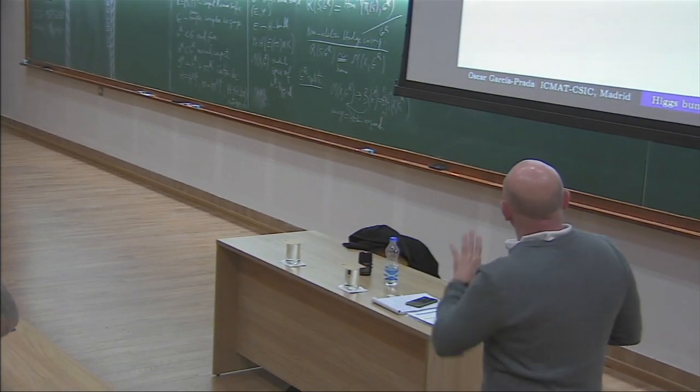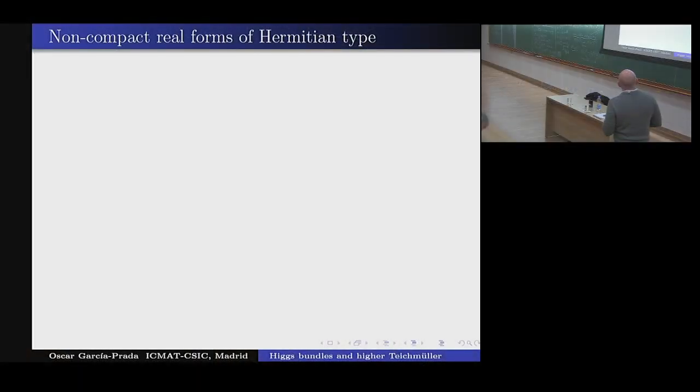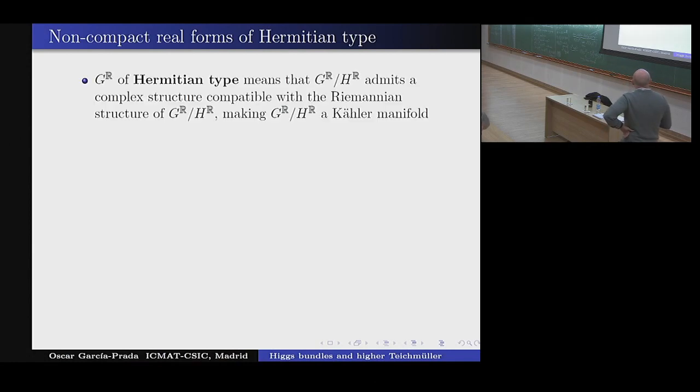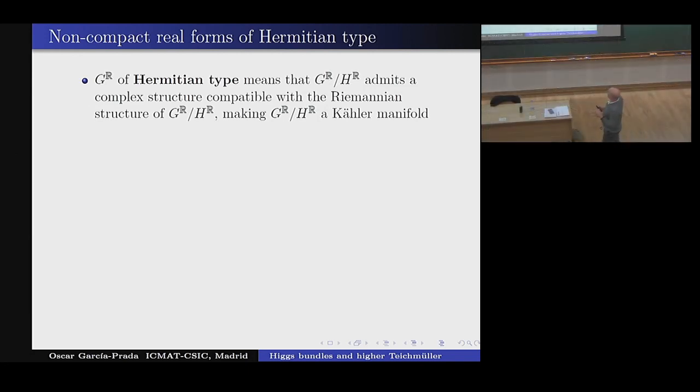So let's now consider this class of groups that are real forms of Hermitian type. Remember that means that the symmetric space, GR mod HR, admits a complex structure which is compatible with the Riemannian structure that the symmetric space has. And in fact, this is a Kähler manifold.